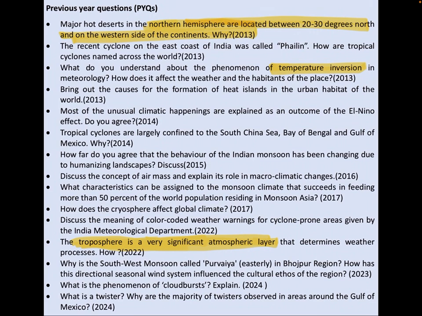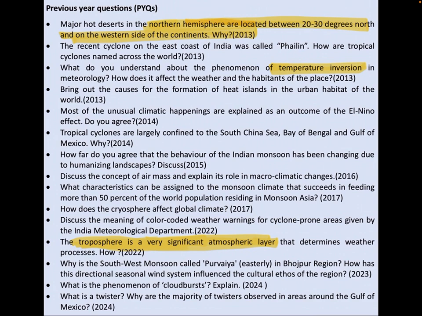First of all, we will see three major questions from these PYQs in this lecture. This lecture is going to be a little bit longer because of the conceptual clarity. The first question is about deserts: why the deserts are specifically present on the western side of continents, between 20 to 30 degrees of the northern hemisphere.